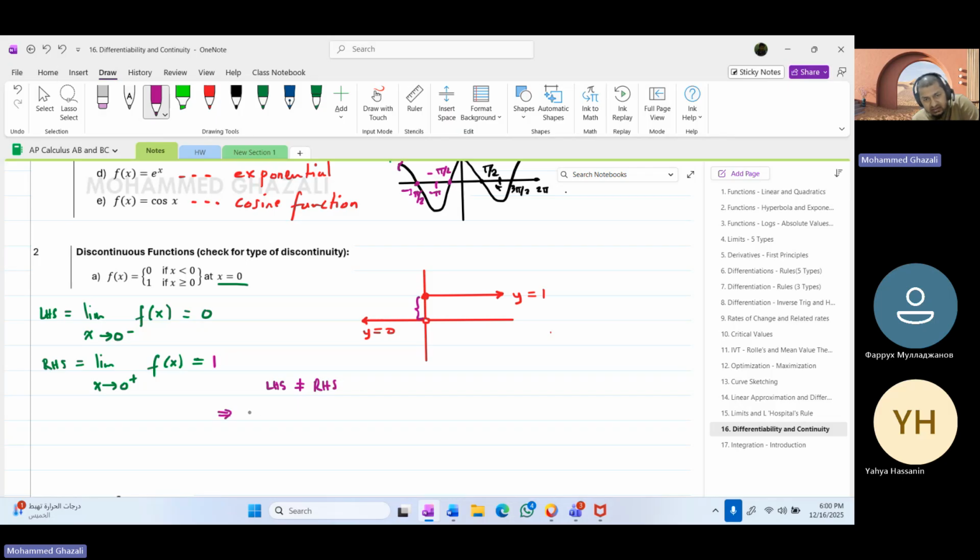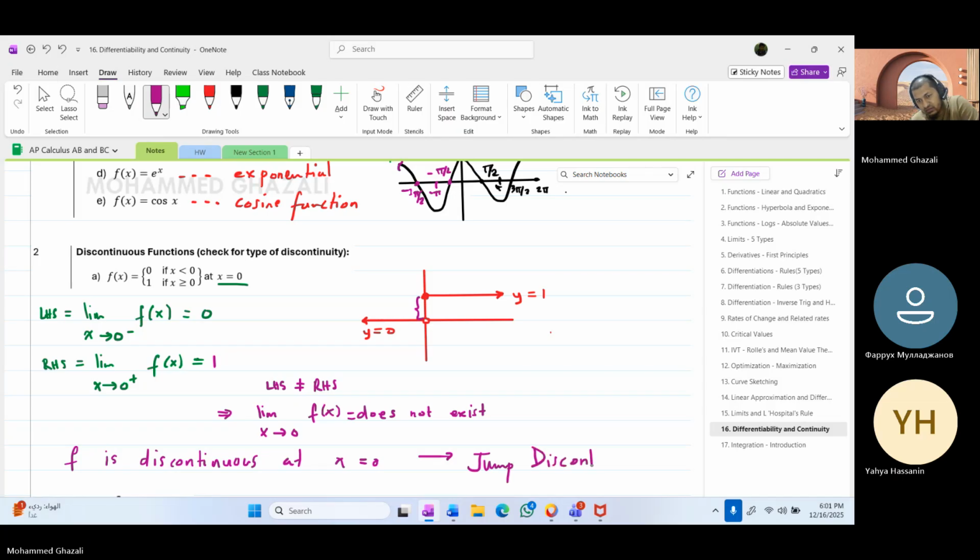This implies the limit as x approaches 0 of f of x does not exist. So we can say f is discontinuous at x is equal to 0, and the type of discontinuity is a jump.